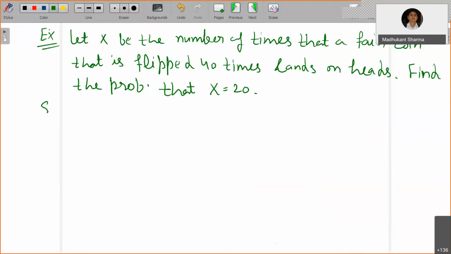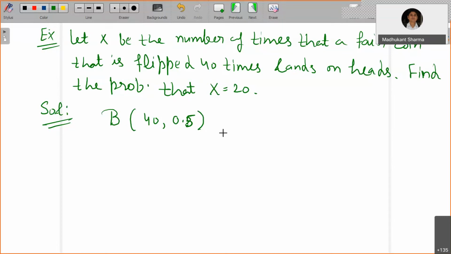For this case, X is a random variable that denotes the number of times a fair coin lands on heads when flipped 40 times. So it's a binomial random variable with 40 independent trials, and since it's a fair, unbiased coin, we take the probability of success as 0.5.